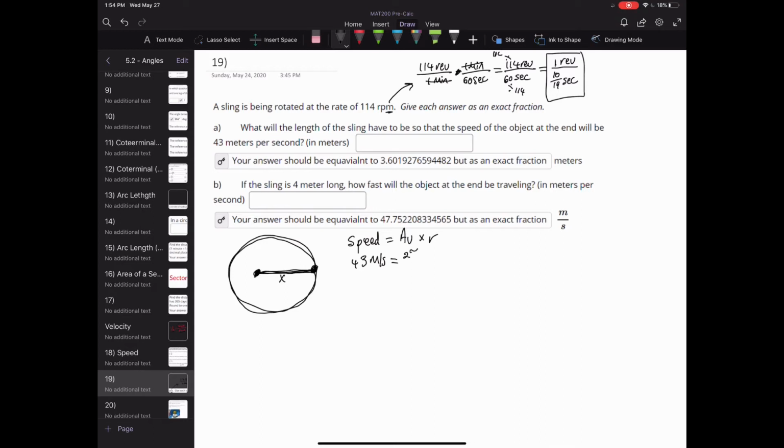So we could just say 2 pi radians happens in 10/19ths of a second. And what we're going to do is just multiply by the radius. Just to clean things up here a little bit, I'm going to remove the units. Oops, I forgot to remove seconds. Let's simplify this whole thing.